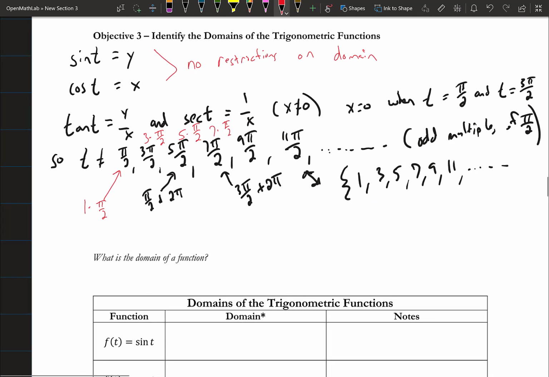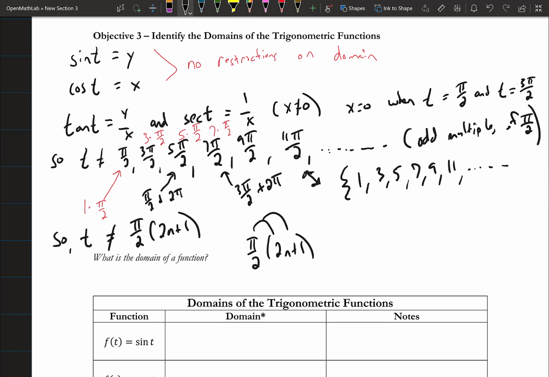So how can I show an odd multiple of pi over 2? I can conclude that t cannot equal pi over 2 times 2n plus 1. And if we wanted to, we could distribute the pi over 2 through.